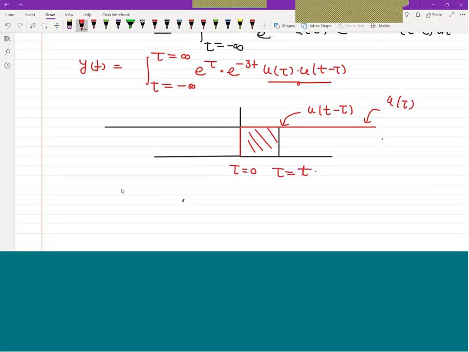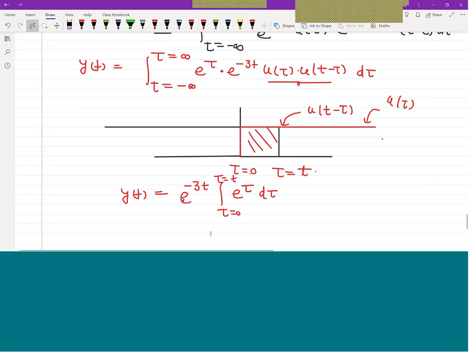So you can say the whole integral will become y(t) equal to e to the power minus 3t, which is outside of this integral because it is not part of the tau thing, and this is e to the power tau into d tau from tau equal to 0 to tau equal to t. This is the idea.